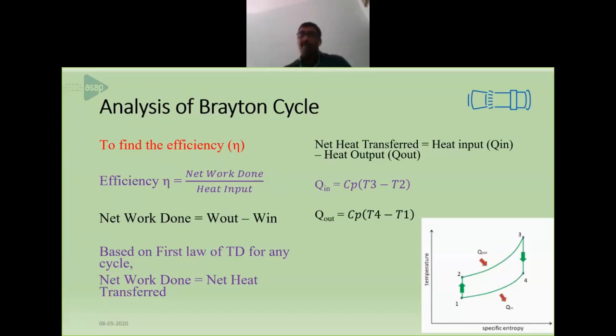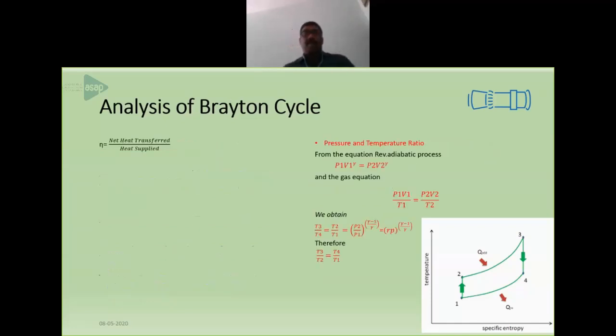4 to 1 is a constant pressure process. There also the heat is equal to Cp into T4 minus T1. We have to find out the efficiency. Already we have seen it is the net work done divided by heat input or heat supplied. So net work done is equal to net heat transferred as per first law of thermodynamics.